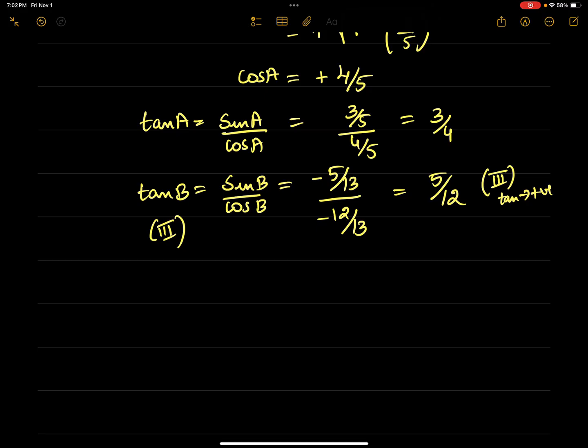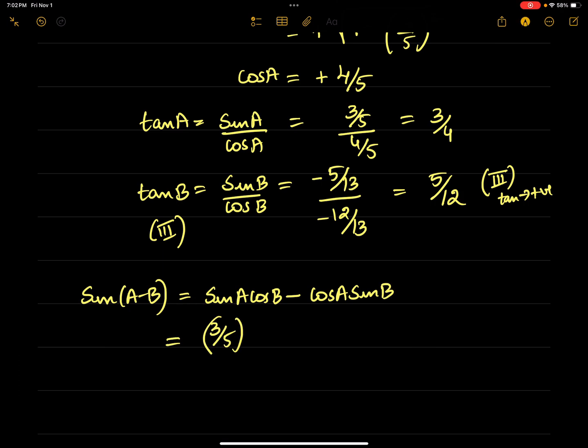So the first question is sine of A minus B. We are going to scroll up and down. Sorry about that. But I'll try to be as slow as possible so that you can see properly. So sine of A minus B is sin A cos B minus cos A sin B. Now what is sin A? 3 by 5.